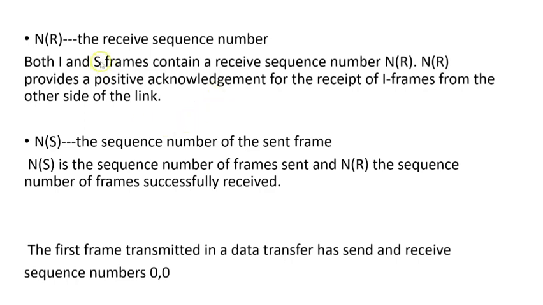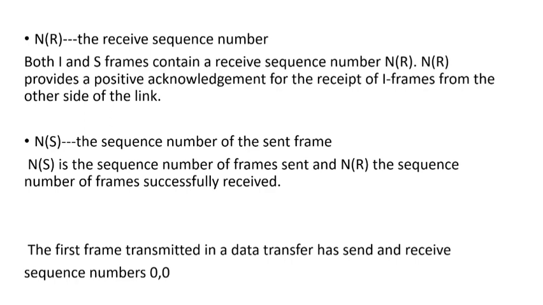Then NS is the sequence number of the send frame. Whichever frame it is sending, the sequence number of that frame is called NS. So NS is the sequence number of frames sent and NR is the sequence number of frames received successfully. Only this much information is necessary.